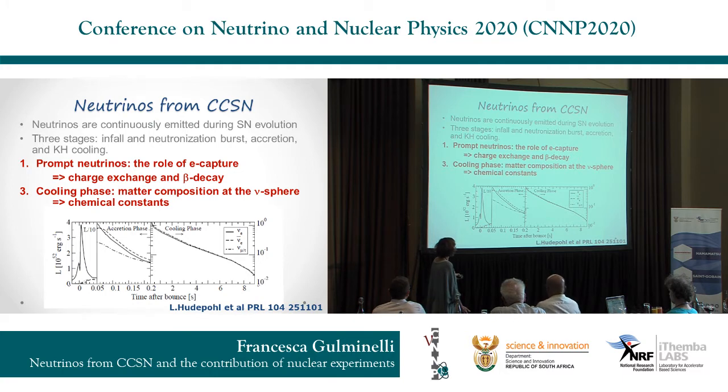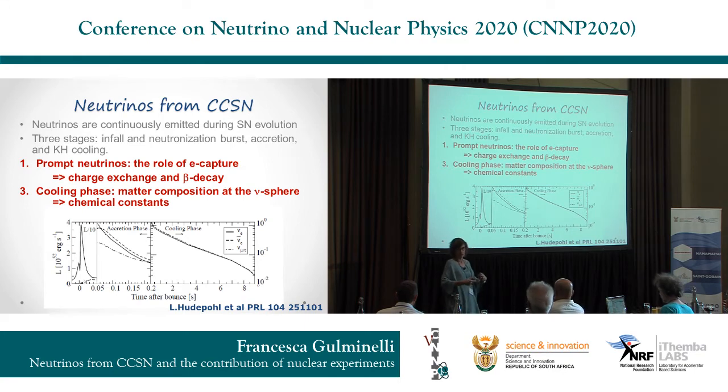The first and the last, and this is exactly because this is the situations where it is possible, at least approximately, to decouple the hydrodynamic problem, which is very complicated, from the underlying microphysics, nuclear physics problem which is behind. So let us start with the prompt neutrino emission.